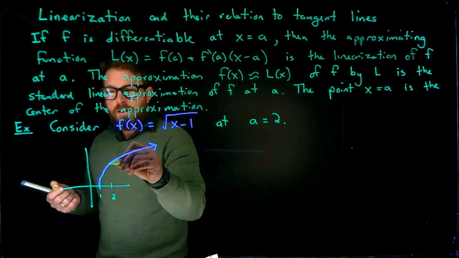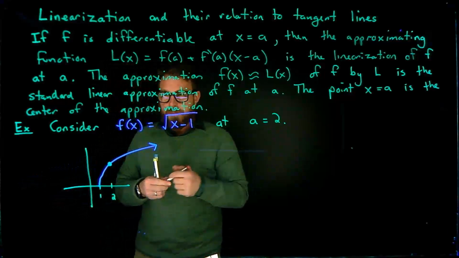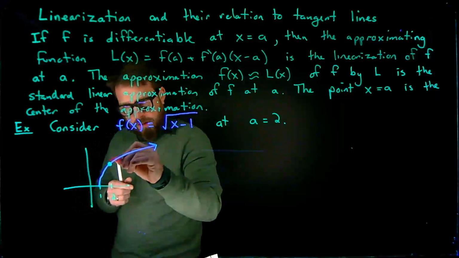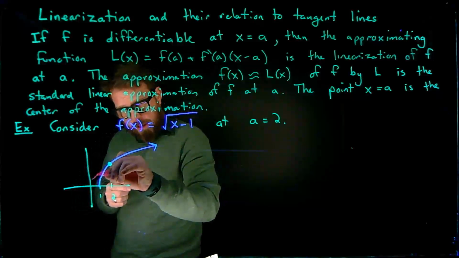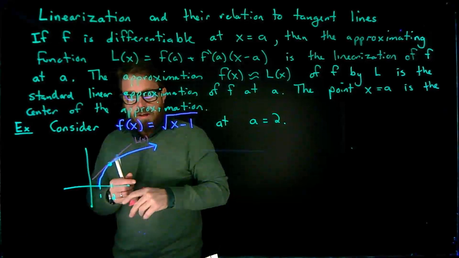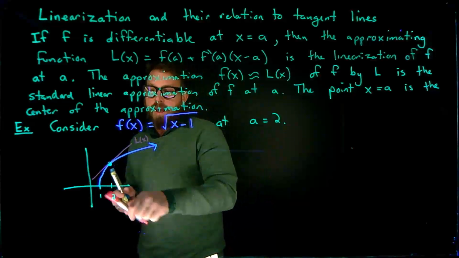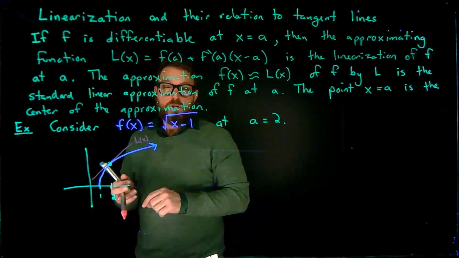If I zoom into this function right here, we can look at its tangent line around this point, and I can see that it looks like this. This thing right here is going to be our L of x, the tangent line to this blue function at a equals 2.